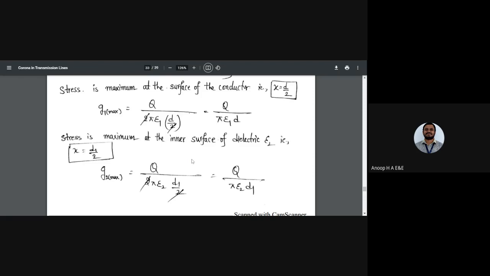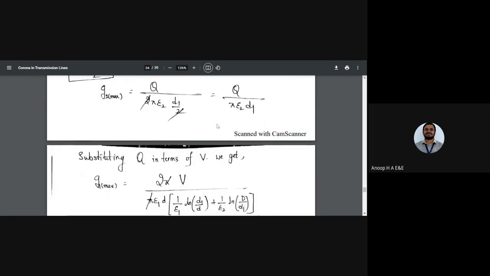And the stress is maximum at the surface of the inner dielectric with epsilon 2, that is G2 max, which will be equal to Q divided by 2 pi epsilon 2 times d1 by 2. So we are going to get G1 max equal to Q divided by pi epsilon 1 into d, and G2 max equal to Q divided by pi epsilon 2 into d1.